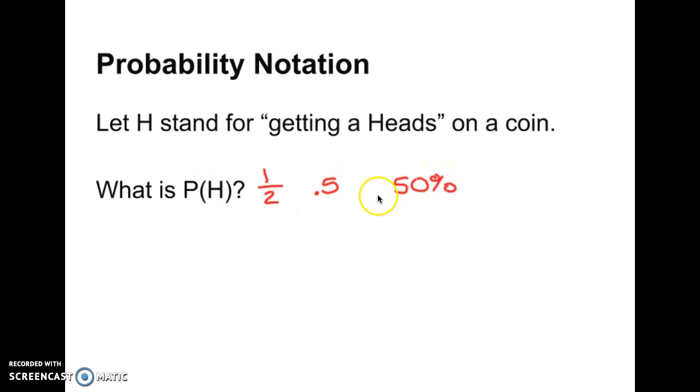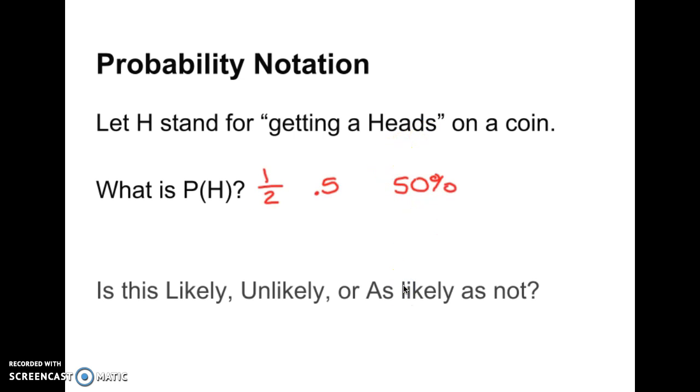So you're going to have to read MathXL or the questions on the tests and quizzes to see how they want you to format your answer. And now, the question says, is this likely, unlikely, or as likely as not? And basically, these pretty much mean what you think.